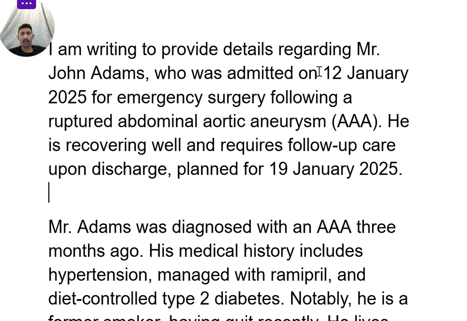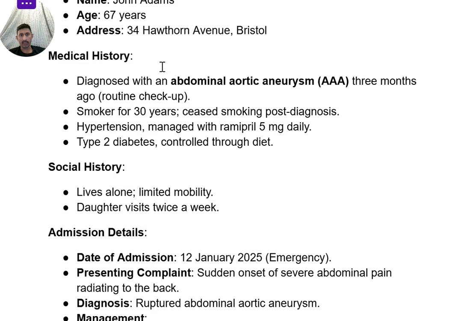I'm writing to provide details regarding Mr. John Adams. That's a simple sentence. I'm just providing the details regarding Mr. John Adams, who was admitted on 12th January 2025 for emergency surgery. We know that it is an emergency surgery from the case note.